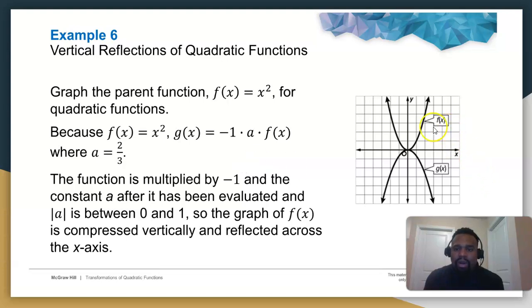It's going to reflect across your x-axis. So this is the parent function, and it's going to be reflected across the x-axis. And since 2/3 is less than 1, that means it's going to be wider than your parent function. All right, and so it's going to represent a vertical compression. So it's going to reflect, wider parabola, vertical compression.